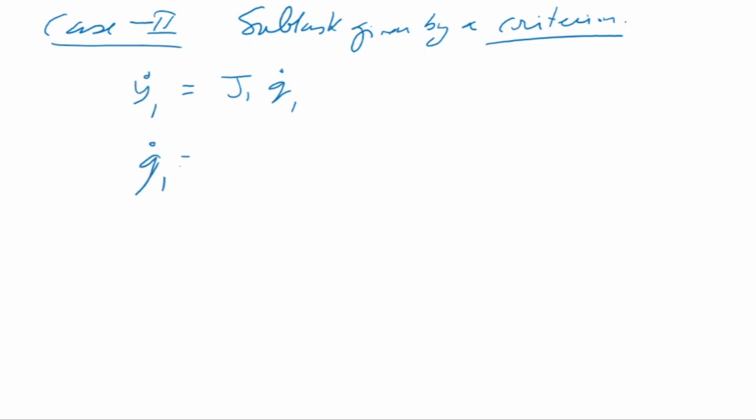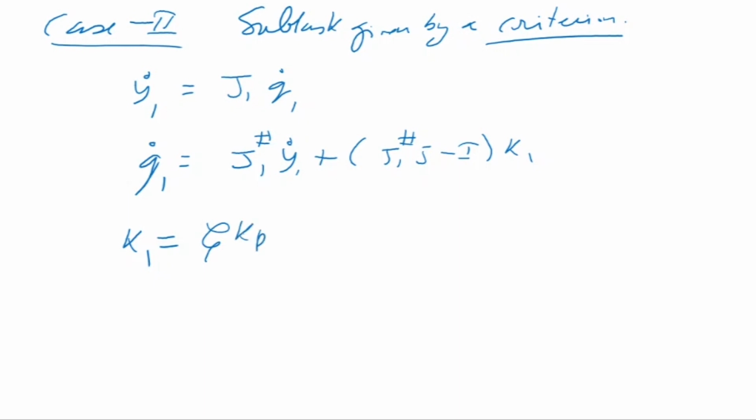So q1 dot is equal to our equation j1 hash into y1 dot plus j1 hash into j minus I into k1. Now suppose this k1 is given by a criterion function, for example eta into kp. Okay. This is a criterion function.